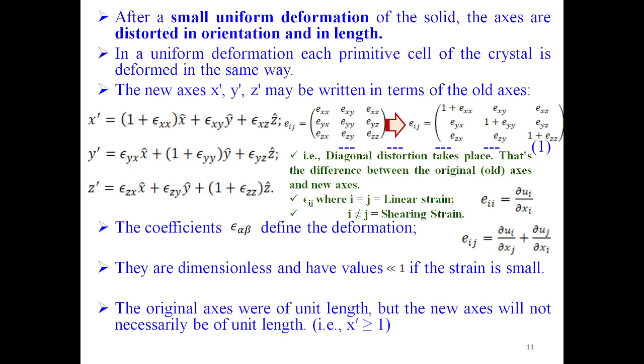So it's given here: E with suffix ii is equal to dou ui divided by dou xi. This represents the change of displacement u along x direction divided by the length of the cube along x direction. So this is for Eii, same indices. But if we have mixed indices, Eij, in such case it is dou ui divided by dou xj plus dou uj divided by dou xi.